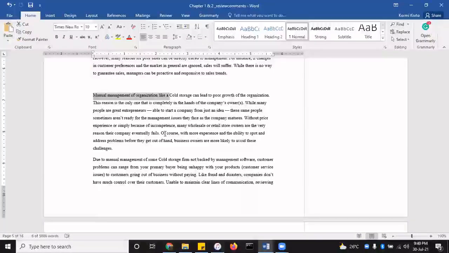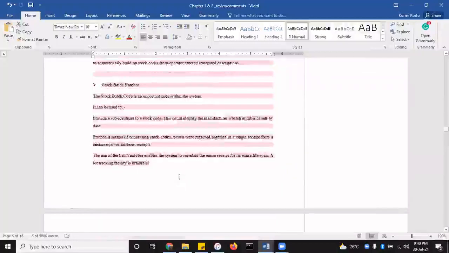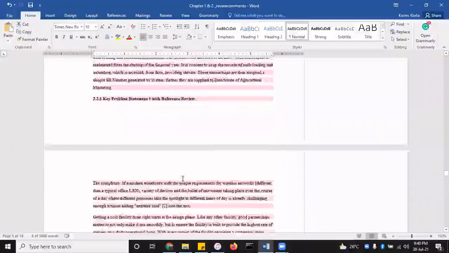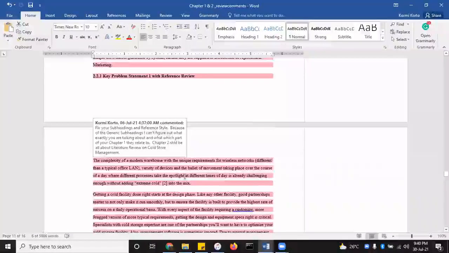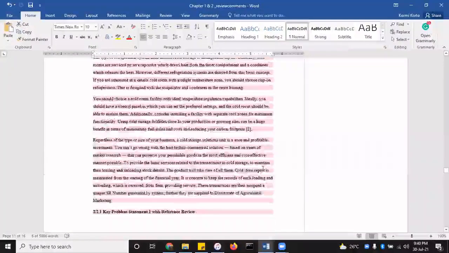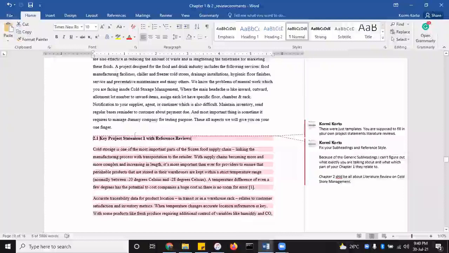That's the only problem they can see over here. So which means his entire chapter 2 is going to be about what? Manual systems or manual cold store systems and some of the challenges they pose to business processes. Okay? But when I went through, I noticed that he also used the same dummy subheadings as usual.